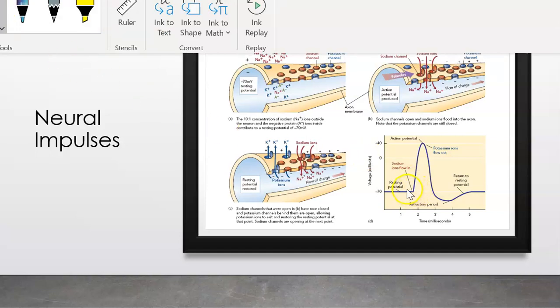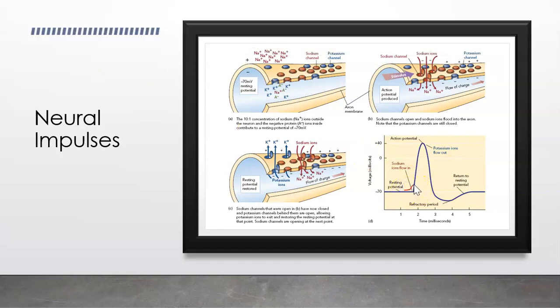It should be more like that. So you start at negative 70. You get a slow increase of sodium until this point, which we'll say is negative 50. And then that's where you get the big jump up to the action potential because we reached that threshold. Okay? So that's how that action potential would really look.